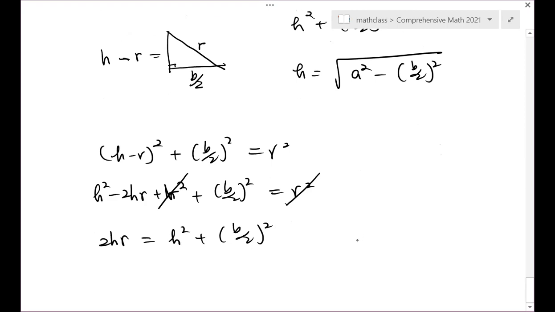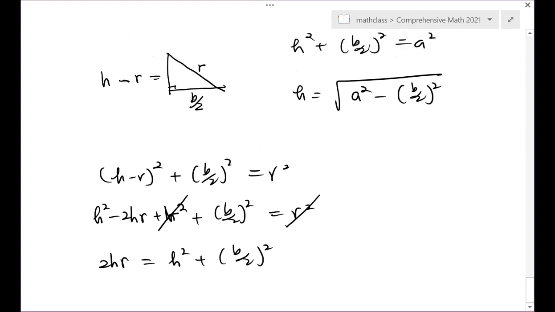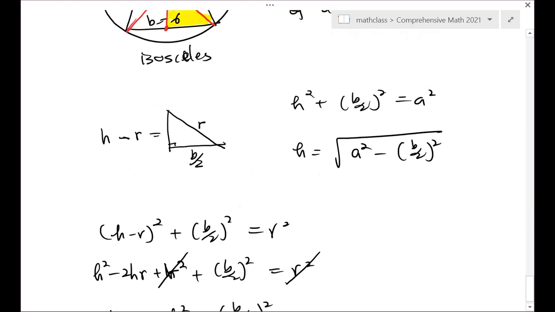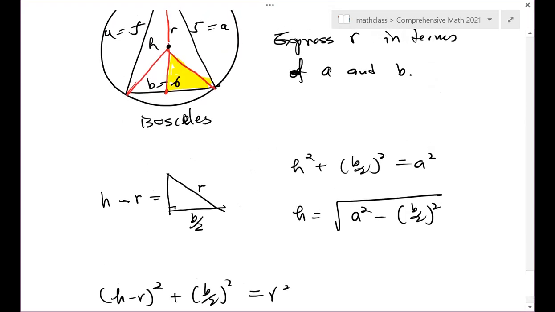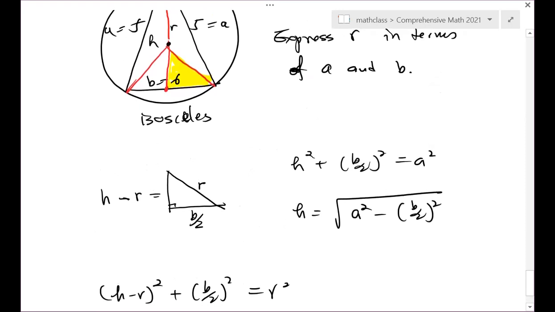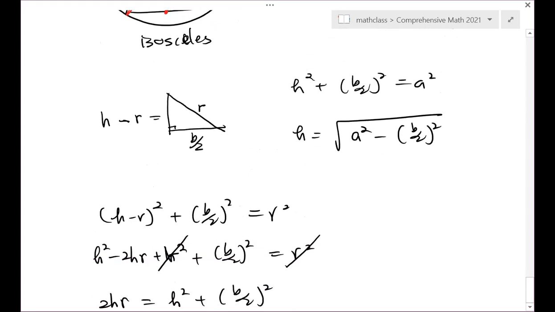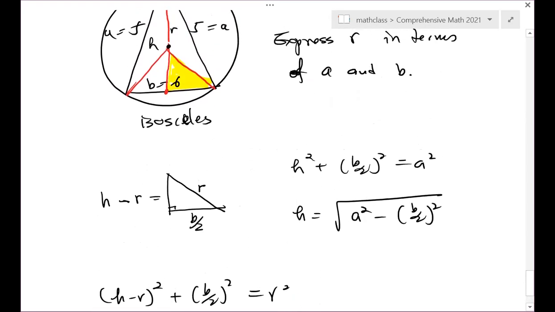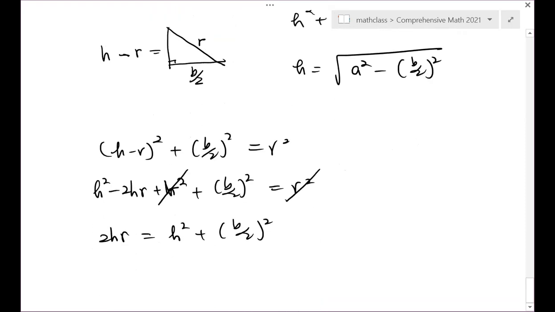Clear? Let's double check. Clearly h squared is going to be a squared minus half of b squared, so you get this formula. Then the triangle here has h minus r, this side r, and this half of b. Good.